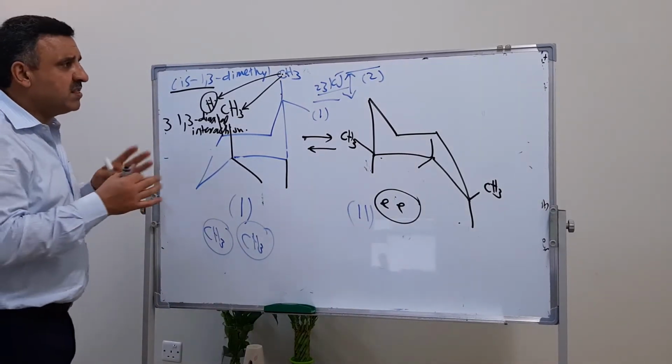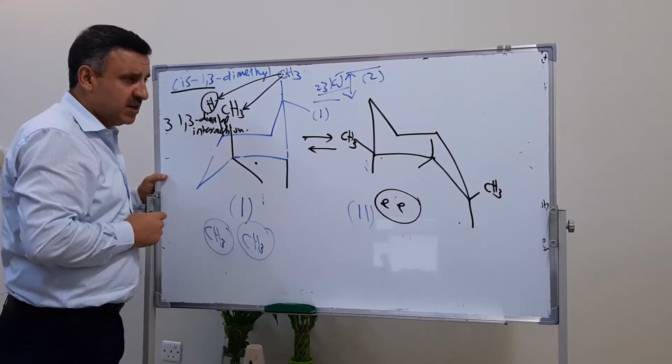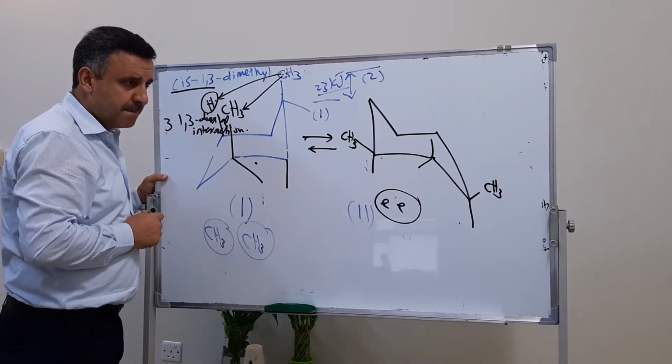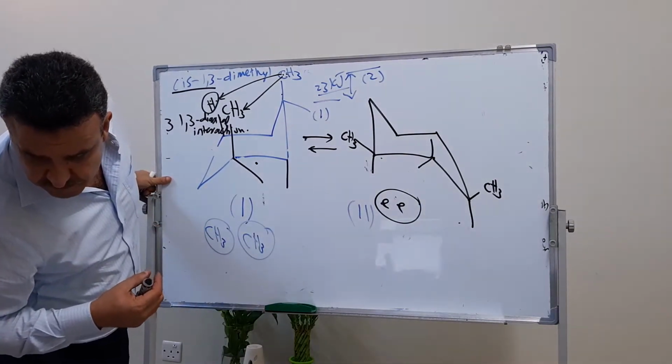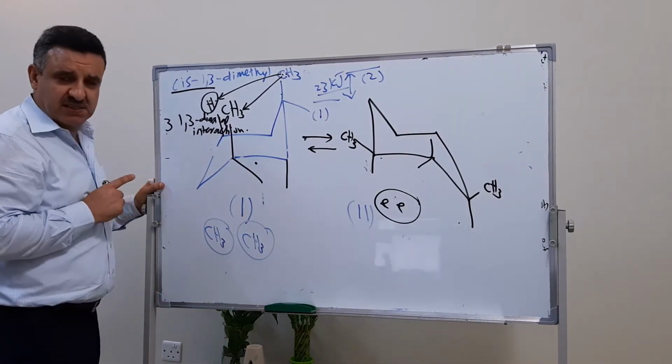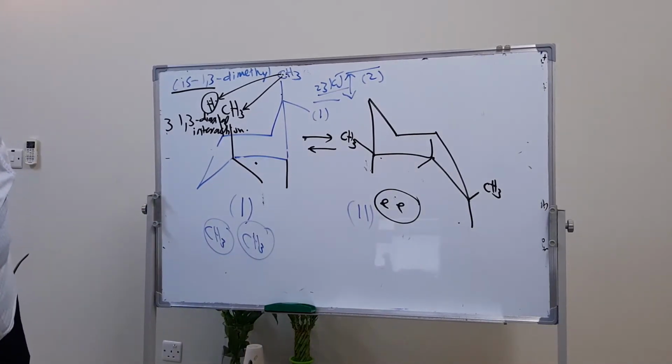How many 1,3 diaxial relationships do we have in this conformation? In conformation number 1, how many? Speak up. How many 1,3 diaxial interactions do we have? No, why 1? We have 3.